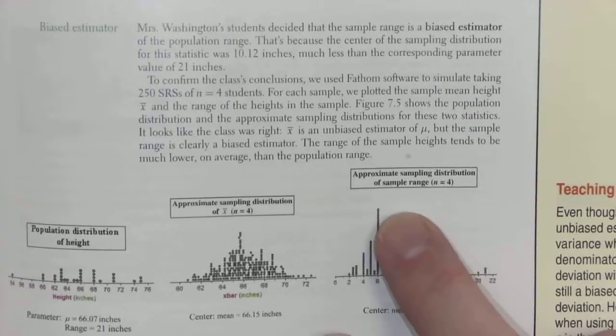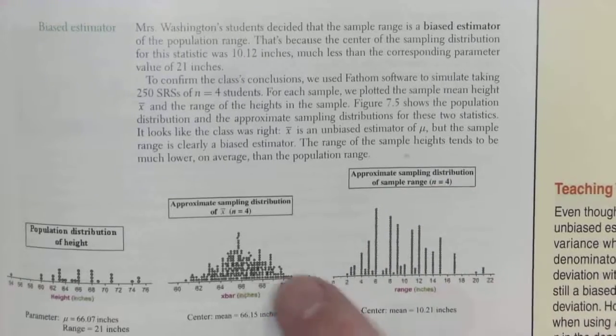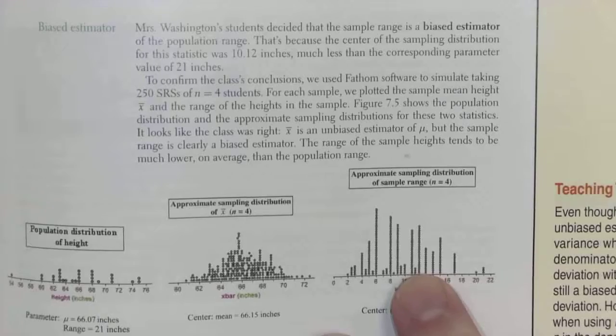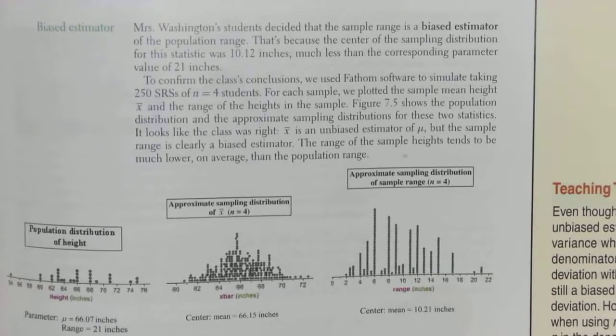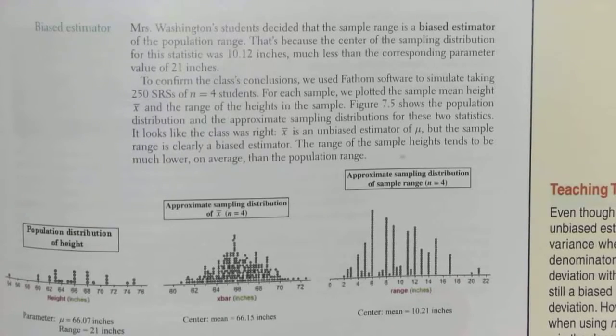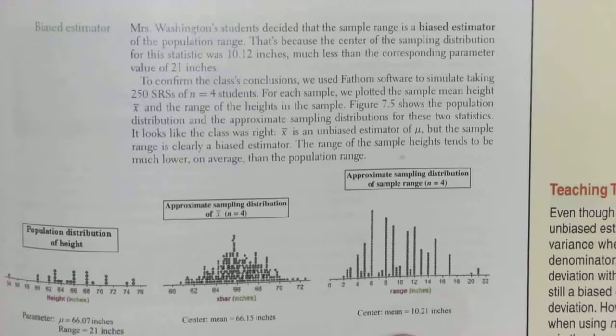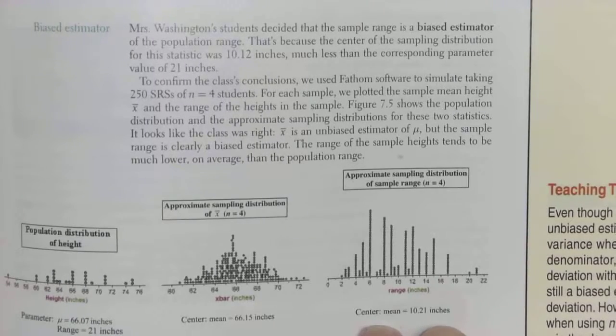Okay. Now, this is the approximate sampling distribution of the range. So they did lots of them to make sure that they were still correct. Do you feel like they were still correct? Okay, so before, with just the 25 students doing it, they got a center mean of the range of 10.12 inches. Here, with 250 of those samples, they got 10.21 inches.